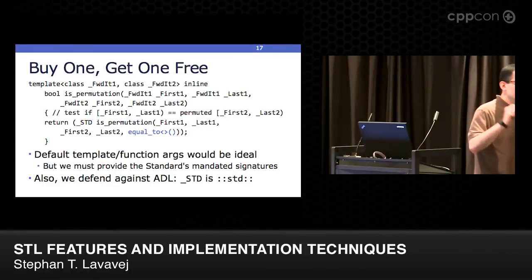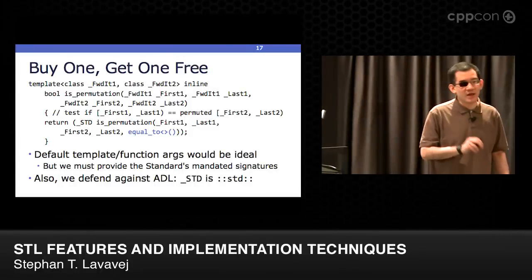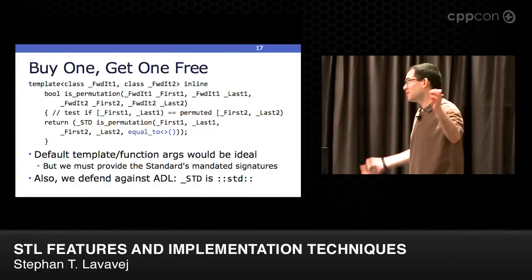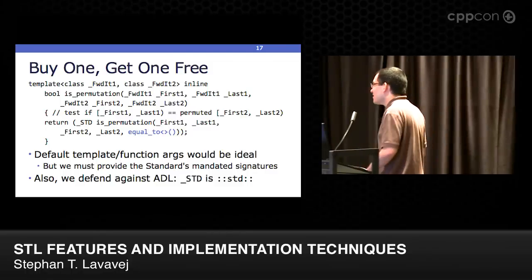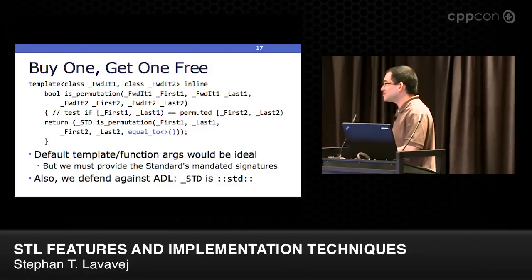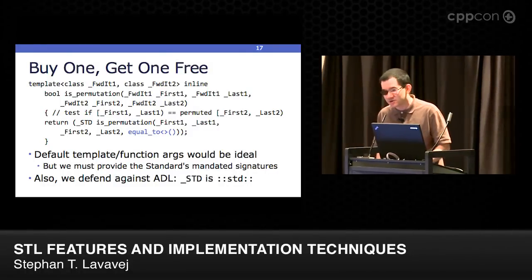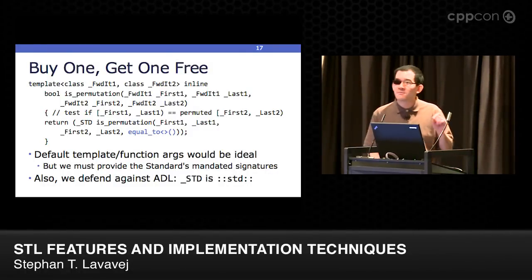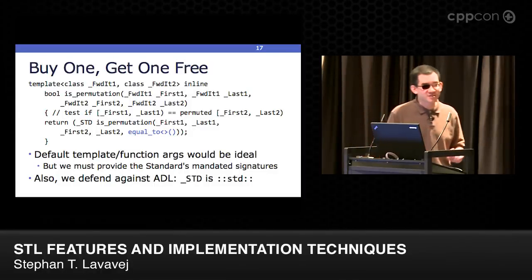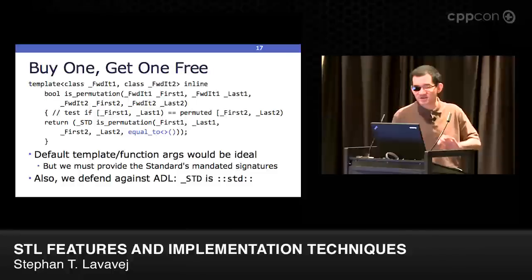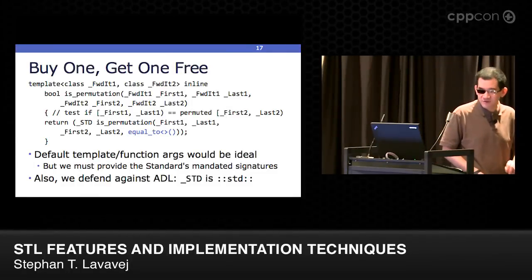Now, here is the difference between the standard library and your own code. Your own code, you can do whatever you want. Awesome, unlimited freedom. In the standard library, though, our interfaces are mandated by an international standard. So this means that we can't go mess with the signature of global functions, even if we really want to. We have some more latitude with member functions, but not with global functions.